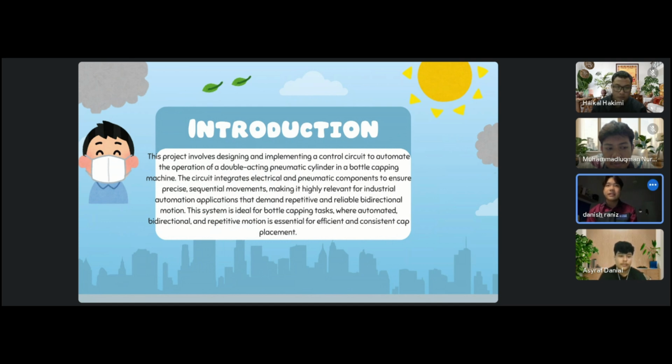The circuit integrates electrical and pneumatic components to ensure precise sequential movement, making it highly relevant for industrial automation applications that demand precise and reliable bidirectional motion. This system is ideal for bottle capping tasks where automated bidirectional and repetitive motion is essential for efficient and consistent cap placement.